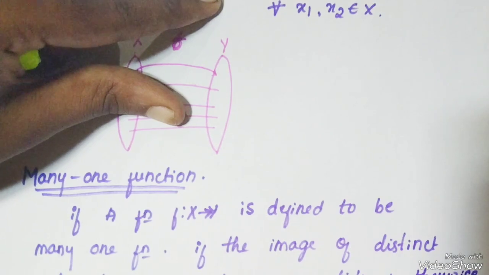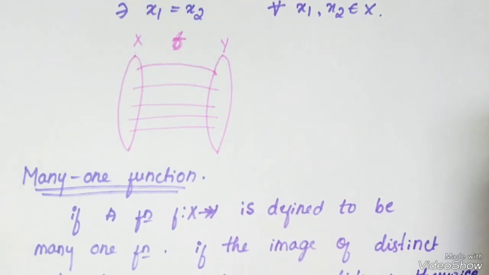Sometimes the elements are distinct, otherwise not. This is called a many-one function.